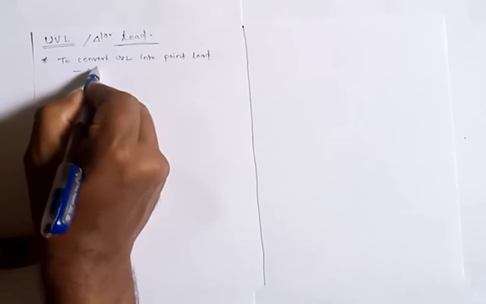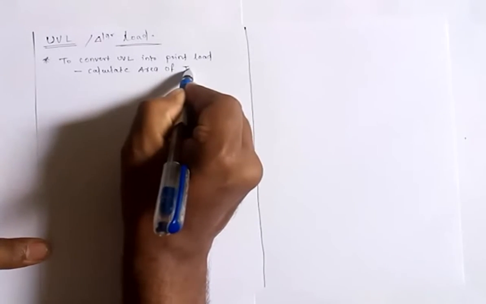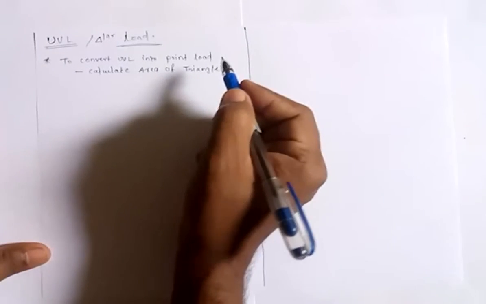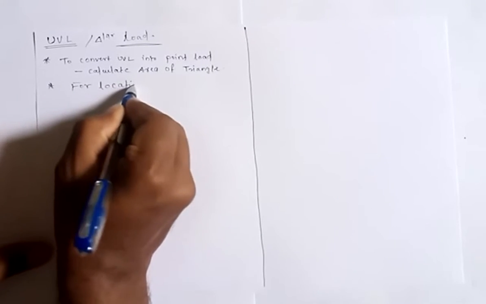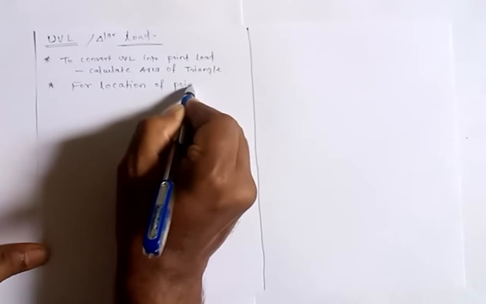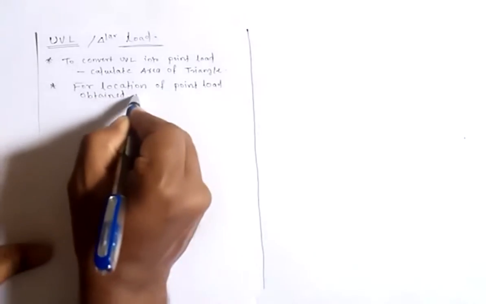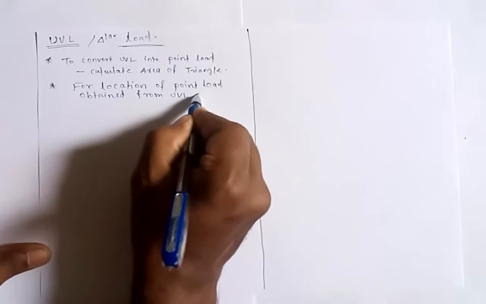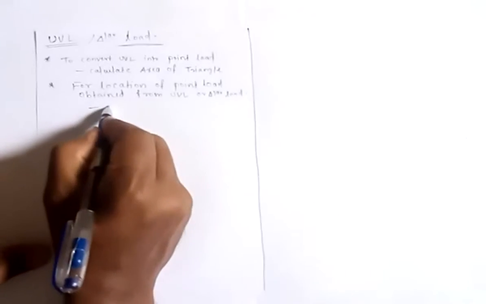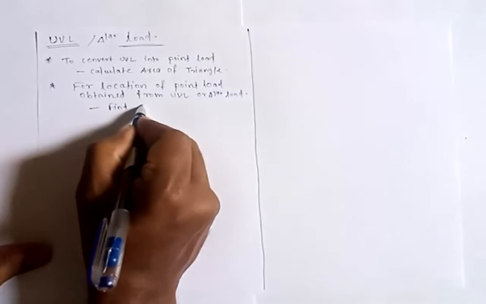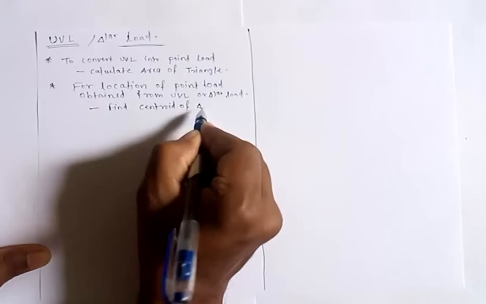We have to calculate the area of the triangle, and for the location of the point load obtained from the UVL or triangular load, we have to find the centroid of the triangle.